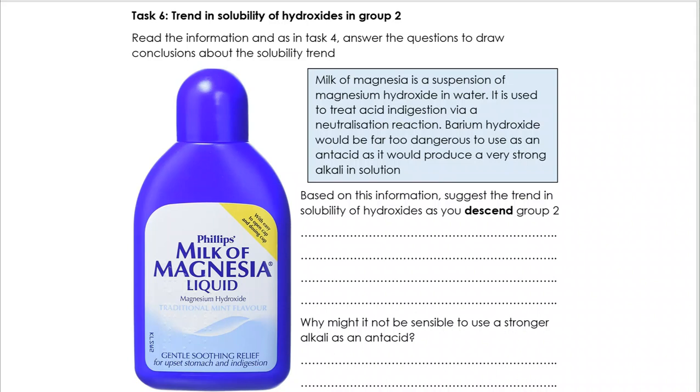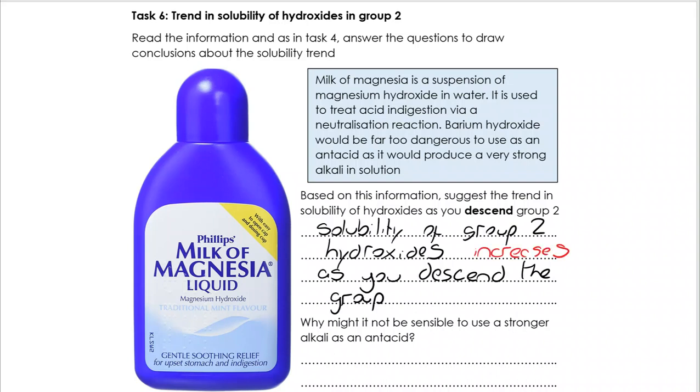So milk of magnesia is used to treat acid indigestion. Barium hydroxide would be far too dangerous as it would produce a very strong alkali. Now that tells us that the solubility of hydroxides increases as you descend the group. It's the opposite trend to what we see with sulfates. So the magnesium hydroxide barely dissolves.